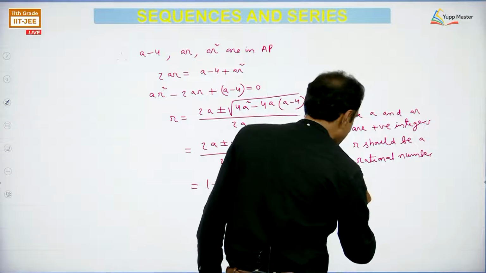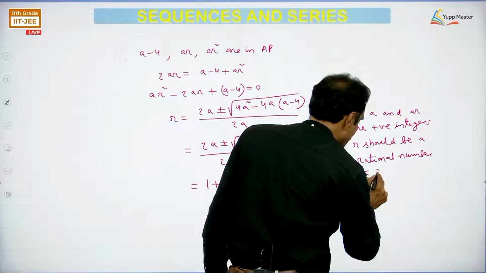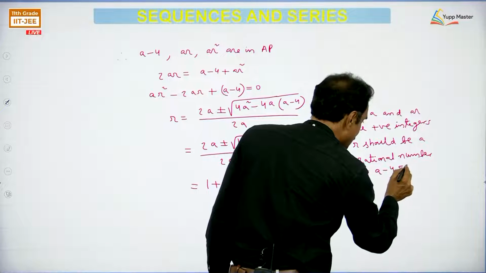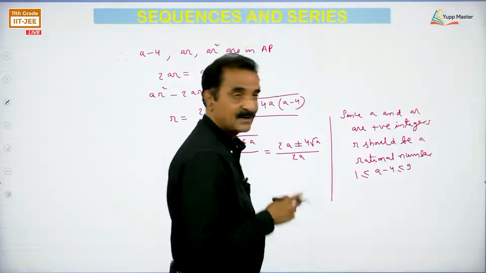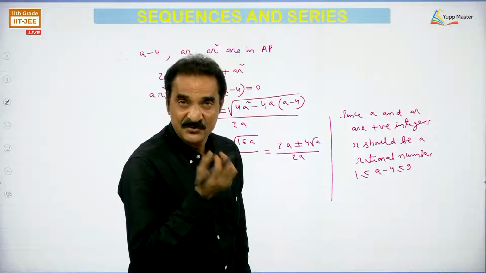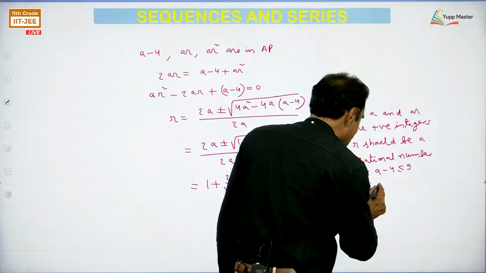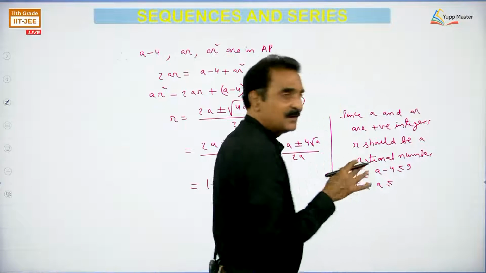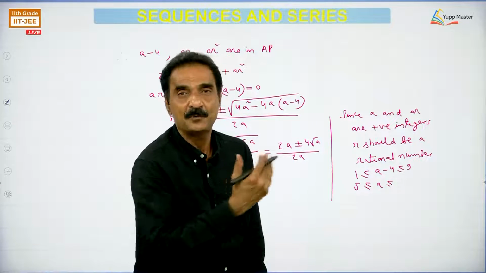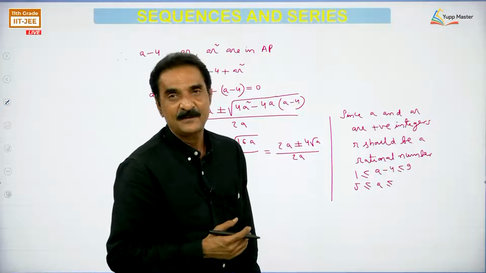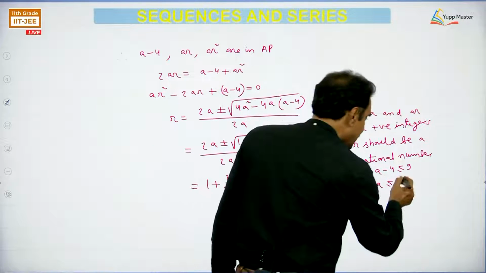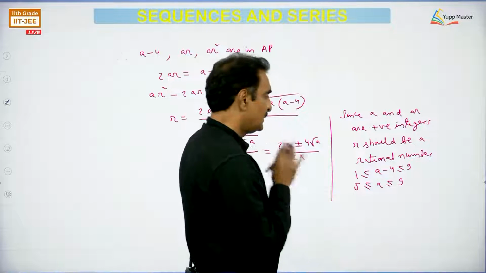I am writing 1 is less than or equal to a minus 4, less than or equal to 9, because a minus 4 is a positive digit. So adding 4, you will get 5 is less than or equal to a, less than or equal to 13, but a digit cannot vary up to 13. The maximum value of a digit is 9, so on this side I am writing 9 only.